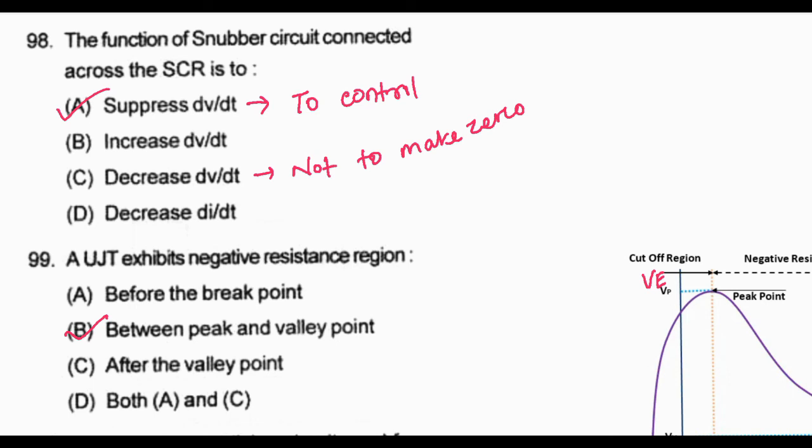So we are not making dV by dt 0, we are only suppressing it to a controlled value, so that it will not turn on the thyristor in an uncontrolled manner.